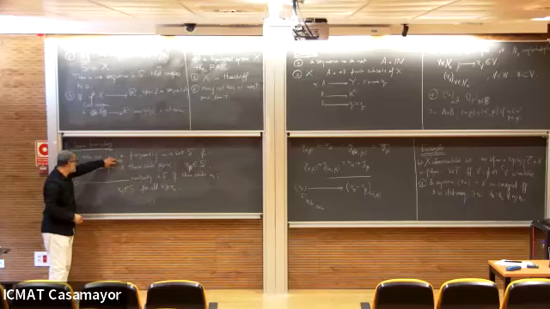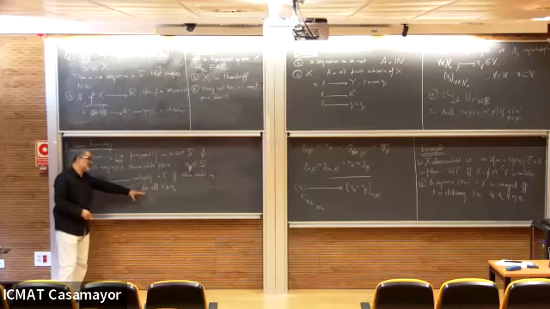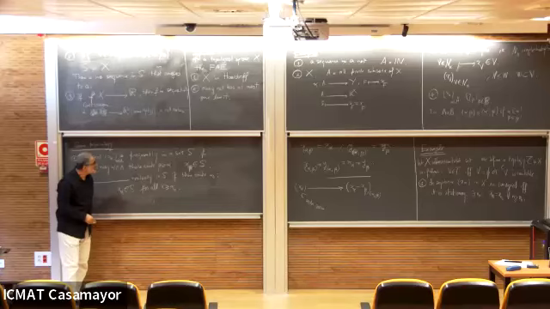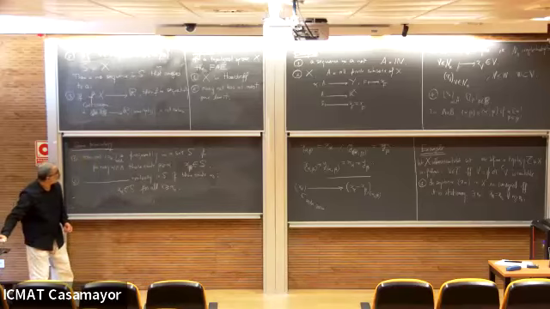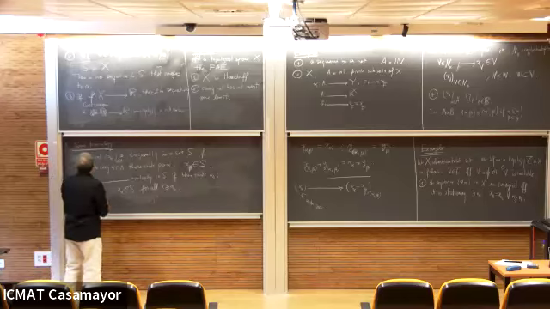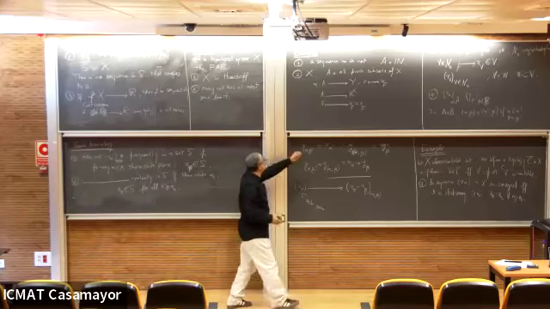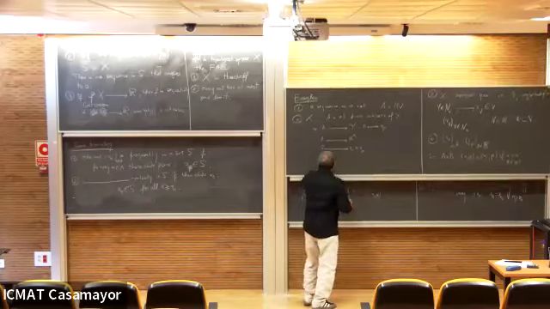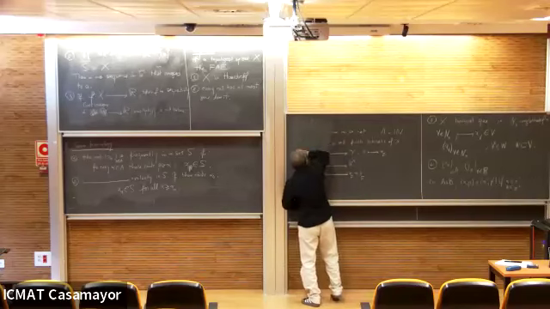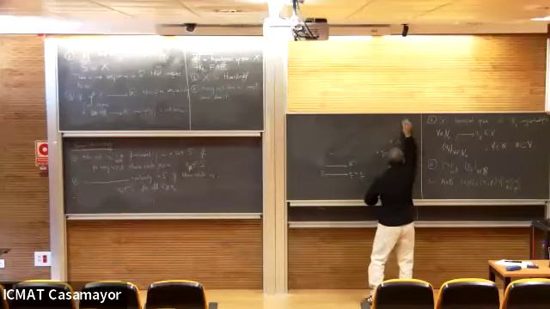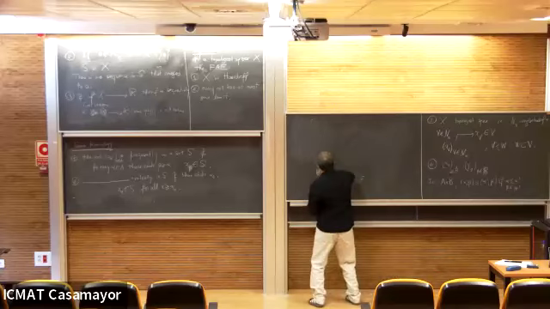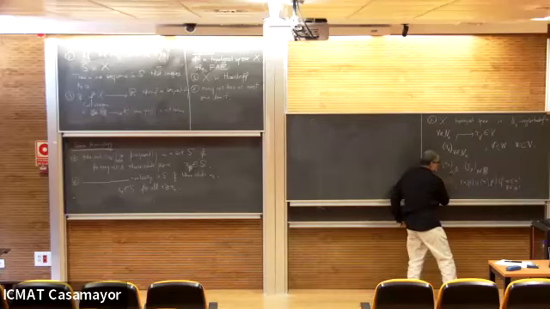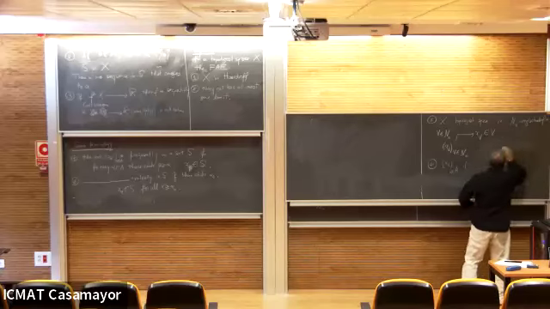This is mostly used to characterize cluster points and limit points, and this is used for convergence. Of course, we need to define convergence. I give the statement here without introducing the notion of convergence. It's very natural.